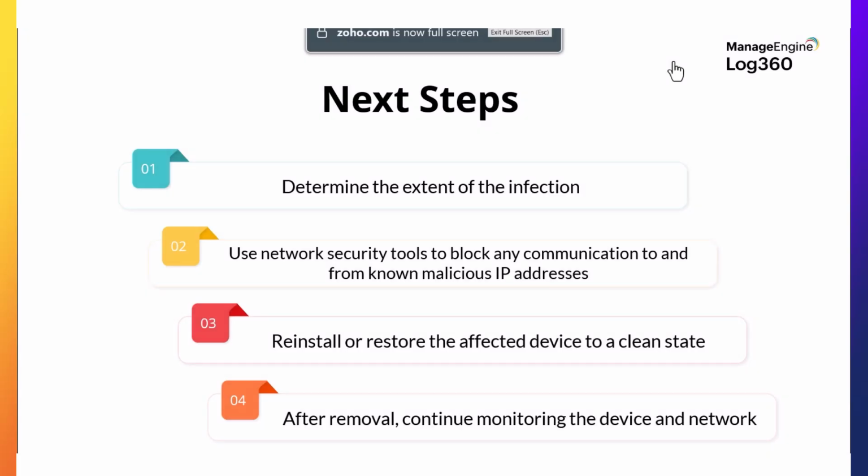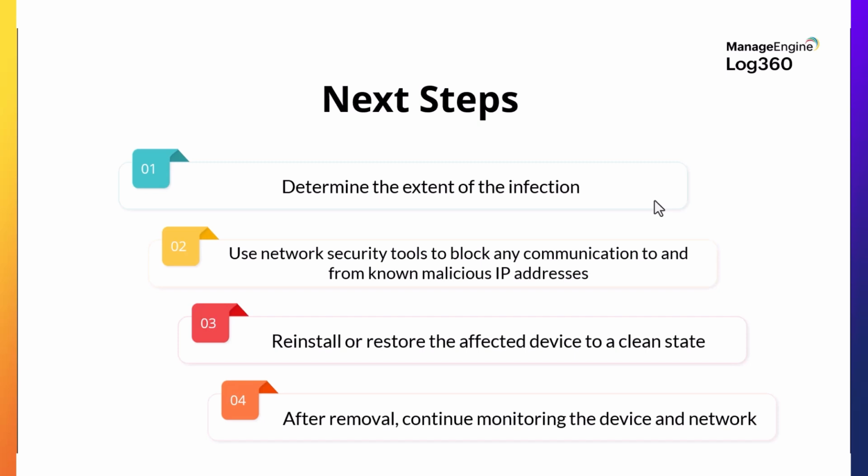Now, here are some next steps to take if you notice suspicious software installations. Check if the suspicious software has spread to other devices or systems in the network. Disconnect the affected device from the network to prevent further spread of the malware and to protect other systems. You can use Log360 SOAR capabilities to automate the disabling of affected user accounts and devices.